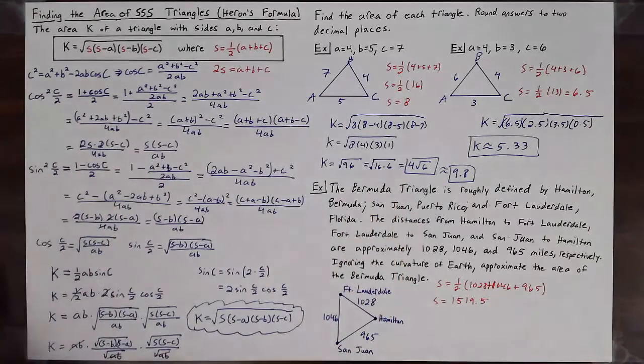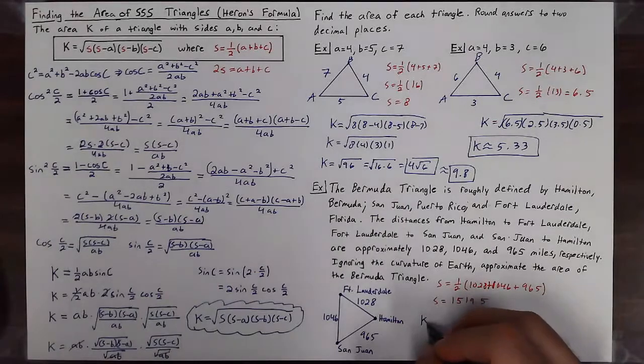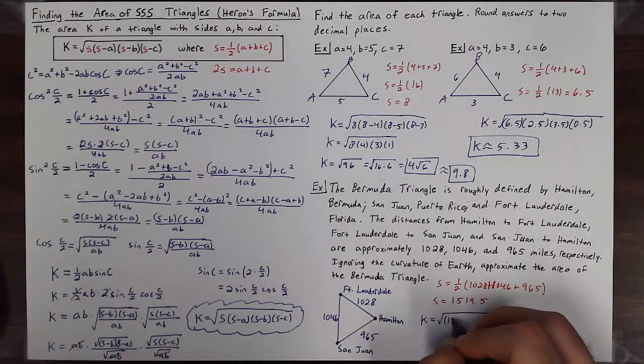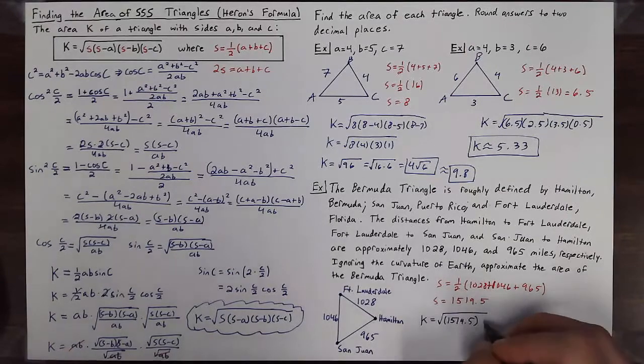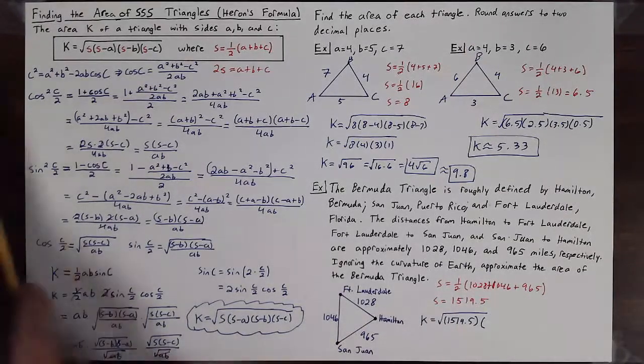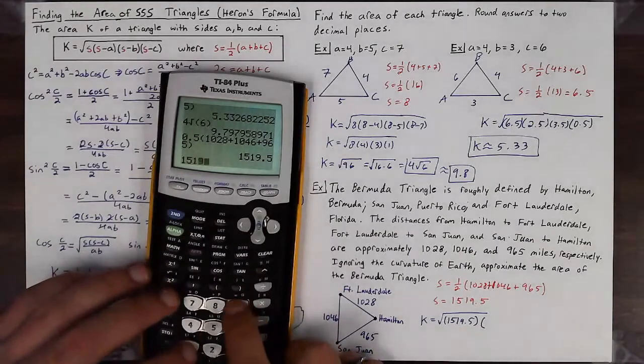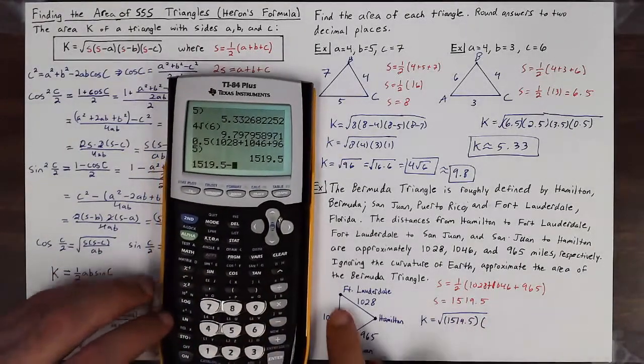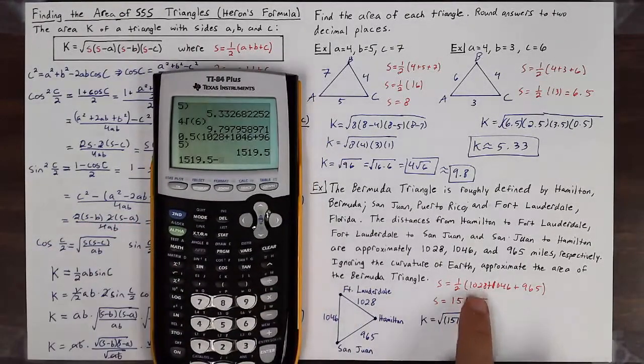And the area formula, K, will be equal to the square root of 1,519.5, which is S, times that 1,519.5 minus A, which I'll just say is 1,028.